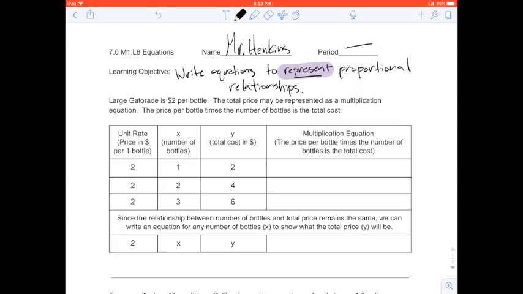Okay. Whether you got that or you were stuck, just like it says, price per bottle times number of bottles is the total cost. In this case, our price per bottle is $2. Our number of bottles is 1, and our total cost then is $2.